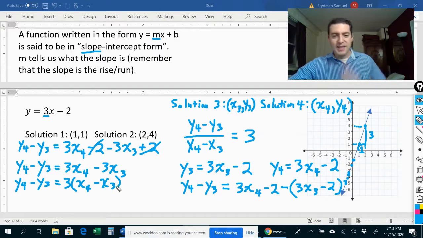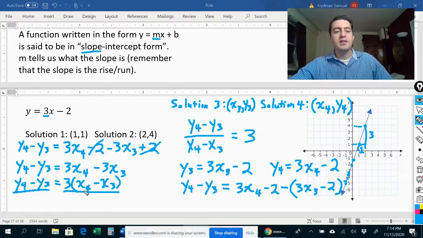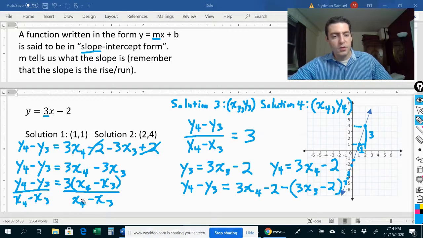And now the last thing that I'm going to do is divide both sides. This is going to look really crazy. I'm going to divide both sides by this whole expression in parentheses, which is x4 minus x3. Then that whole x4 minus x3 cancels out there.